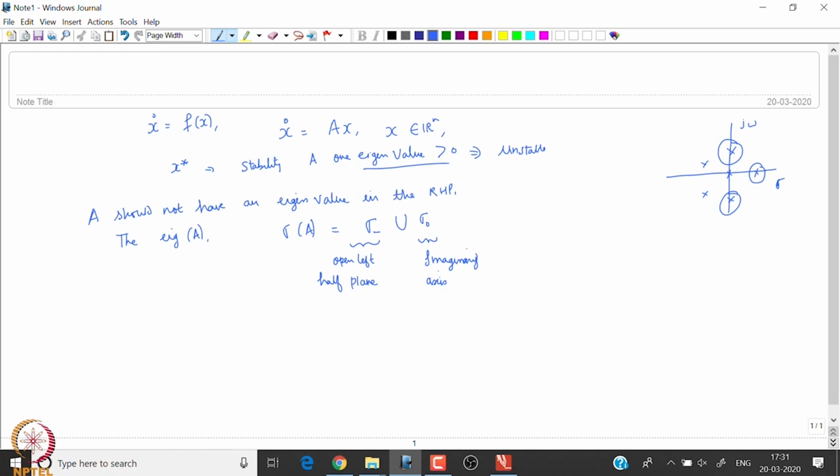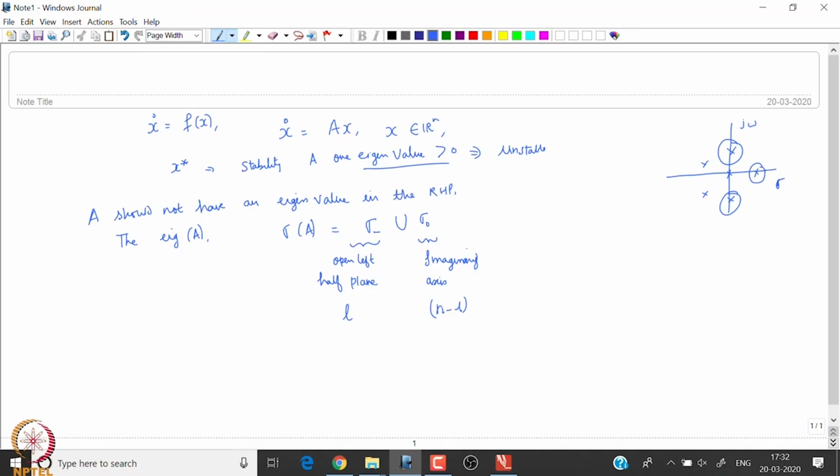Okay. So now say in R^n, let us assume that there are L eigenvalues in the open left half plane, right. Then there will be n minus L eigenvalues which are on the imaginary axis.